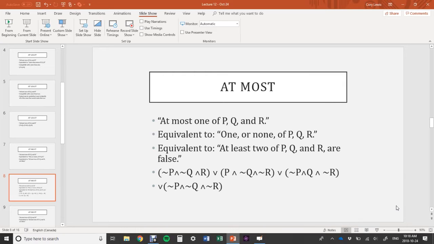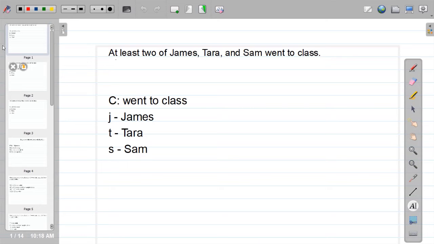Yeah? Do you always use inclusive or, or is there some higher level logic where exclusive or comes in? Oh, there are definitely logics with exclusive or. You can give yourself exclusive or by saying not biconditional. Okay, so we can symbolize exclusive or. P XOR Q is false, true, true, false.